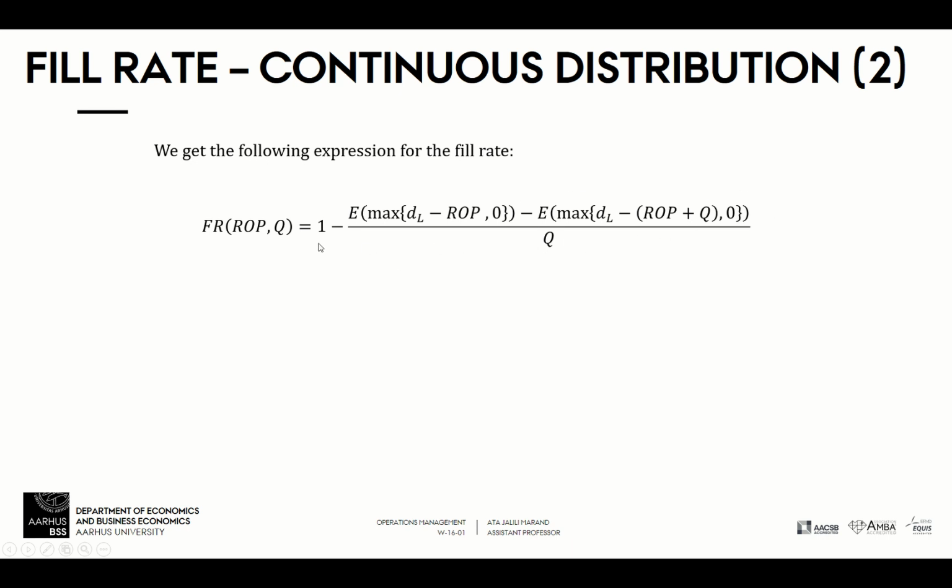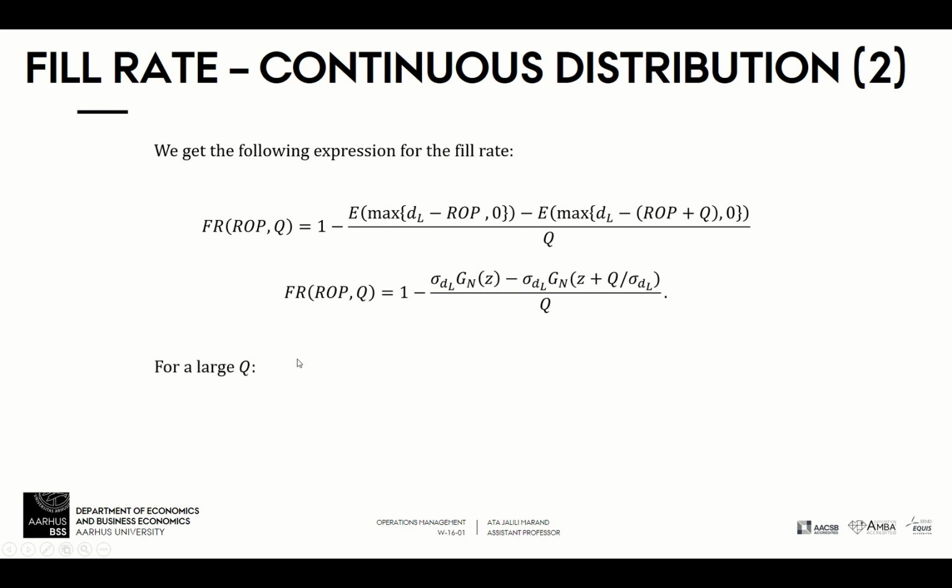This is the same formula that we found for the discrete distribution case. But here, for the continuous distribution case, under the assumption of normally distributed demand during lead time, this realized fill rate as a function of ROP and Q can be expressed as you can see here, right?